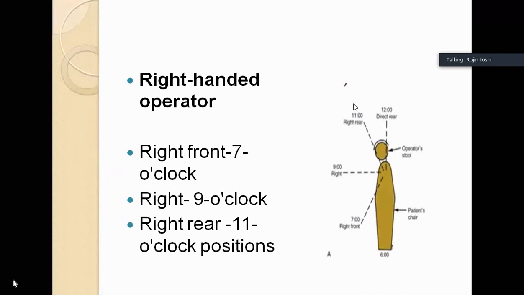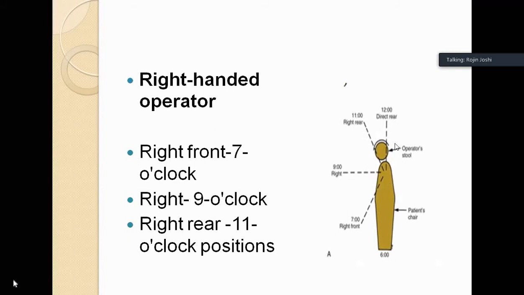Then this is your 11 o'clock position, which is your right rear position. And this is your 12 o'clock position, which is a direct rear position. And we have the 6 o'clock position also. But generally, you'll be working in the 9 o'clock or else the 11 o'clock position most of the time.